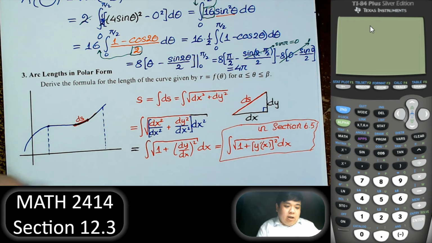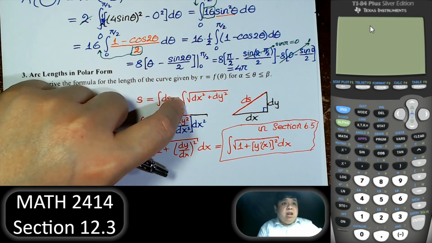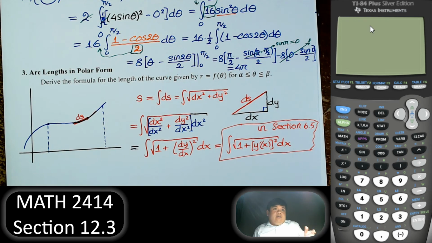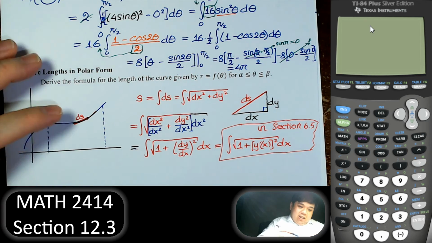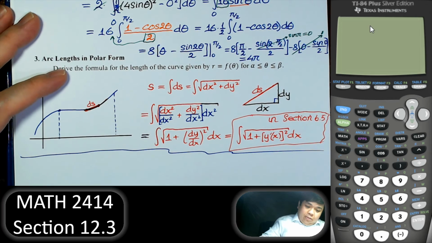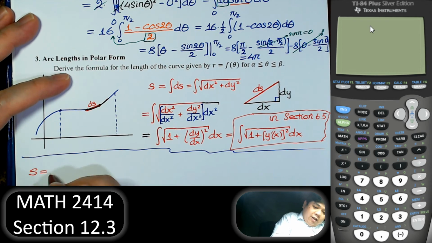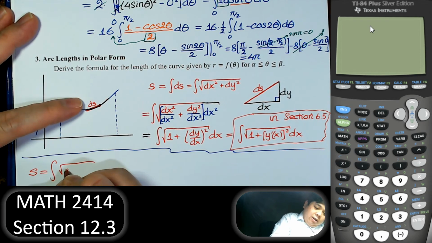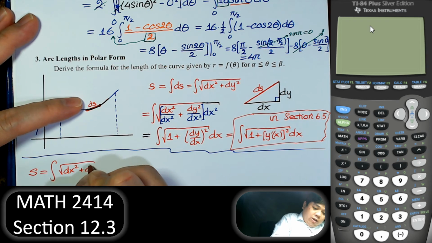Now we do the same thing, but we start from this. But this time both x and y are functions of theta, so we start from that. So now we have s equal to the integral of square root of dx square plus dy square.